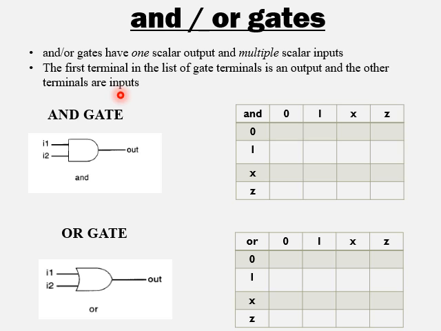If you are considering a 3 input gate, then the first terminal will be the output followed by 3 input terminals. Accordingly, for an n input gate, the first terminal in the instantiation line should be the output followed by n input terminals. So here I have considered the example of 2 input gates, a 2 input AND gate and a 2 input OR gate.